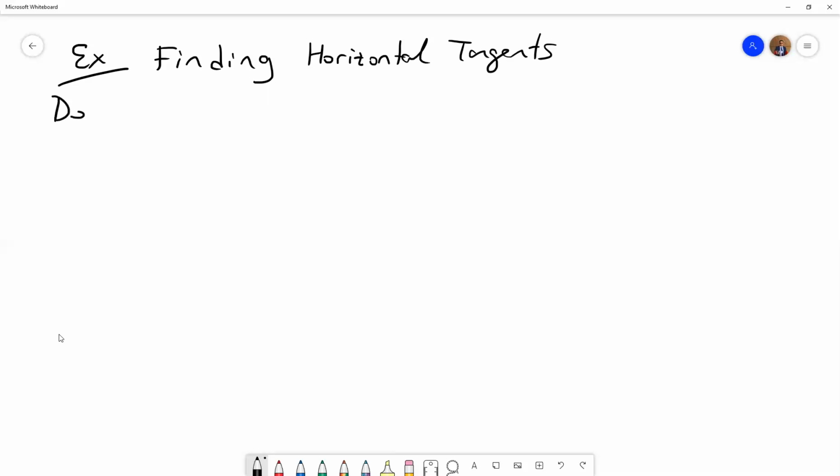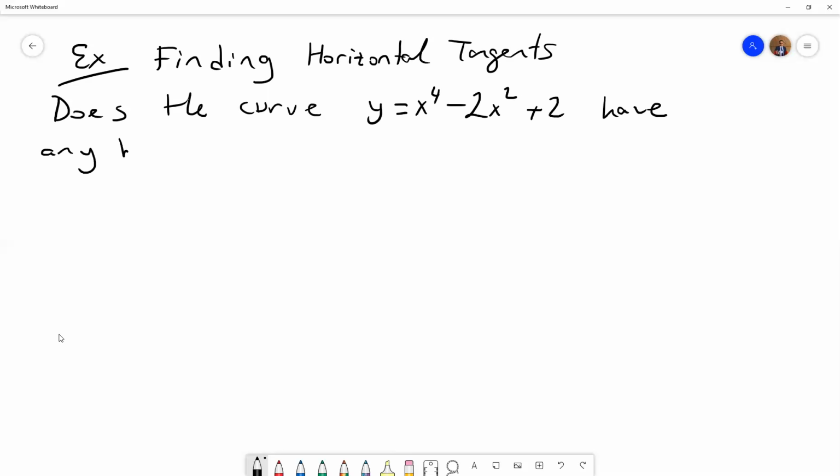The question is, does the curve y equal to x to the power 4 minus 2x squared plus 2 have any horizontal tangents?